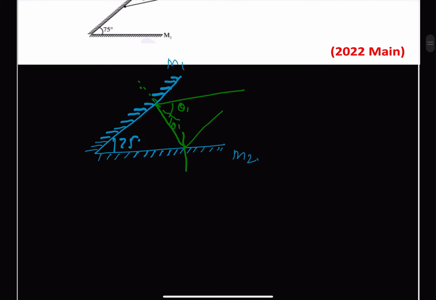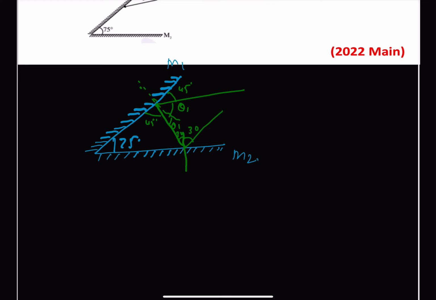Okay, so here we are given 30 degree, so this angle will also be 30, and so we can find out that these two angles will be equal and each is equal to 45 degree.